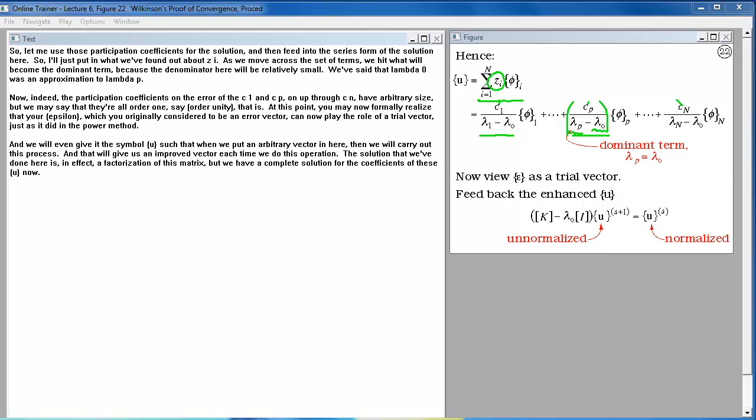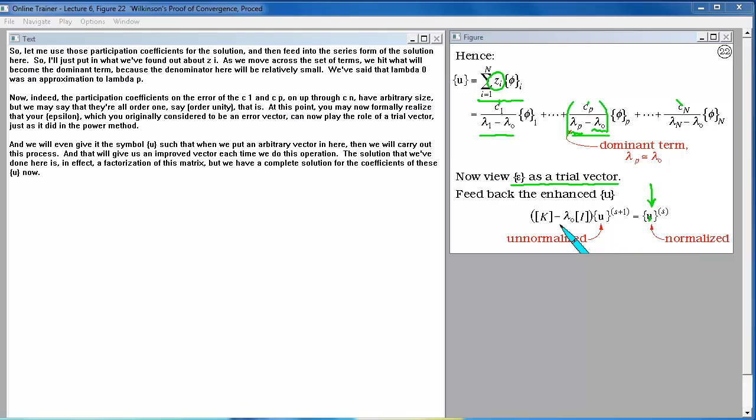At this point, you may now formally realize that your epsilon, which we originally considered to be an error vector, can now play the role of a trial vector, just as it did in the power method. And we will even give it the symbol u, such that when we put an arbitrary vector in here, then we will carry out this process.